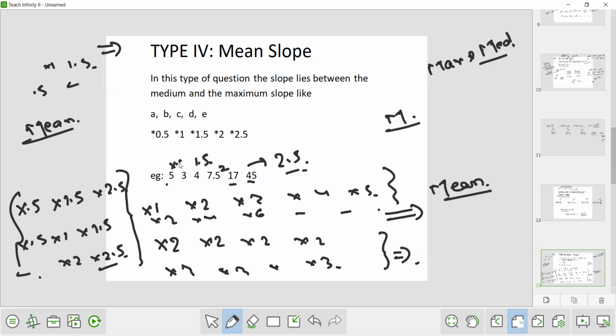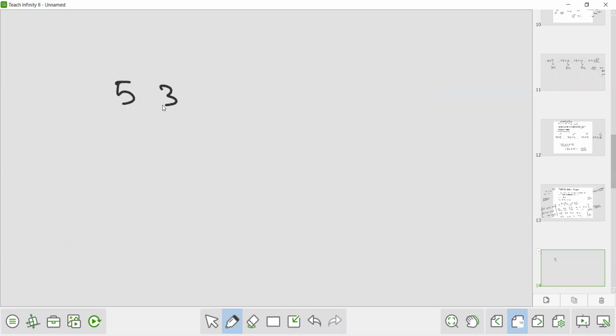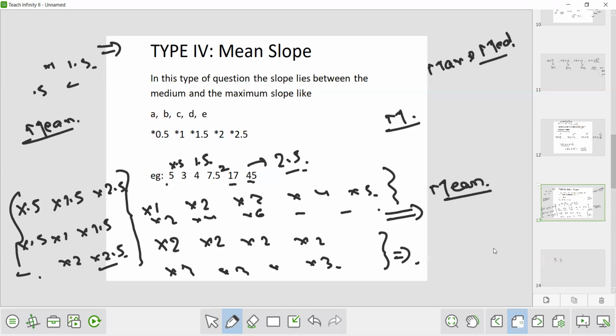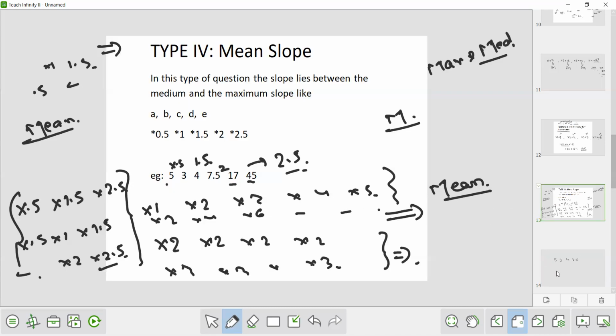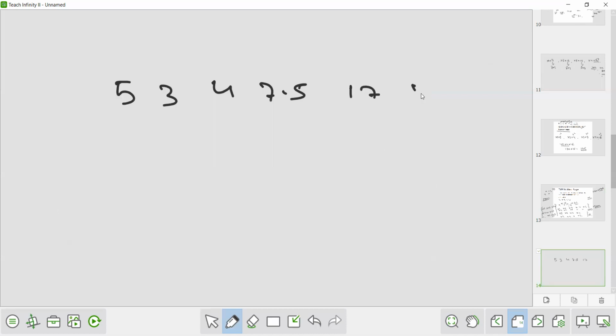So it's 0.5. So how do we reach the conclusion? We reach the conclusion that it is of the nature 5, 3, then 4, 7.5, 17, 45. So here it is 0.5. 5 into 0.5 is 2.5, so you add 0.5 over here.